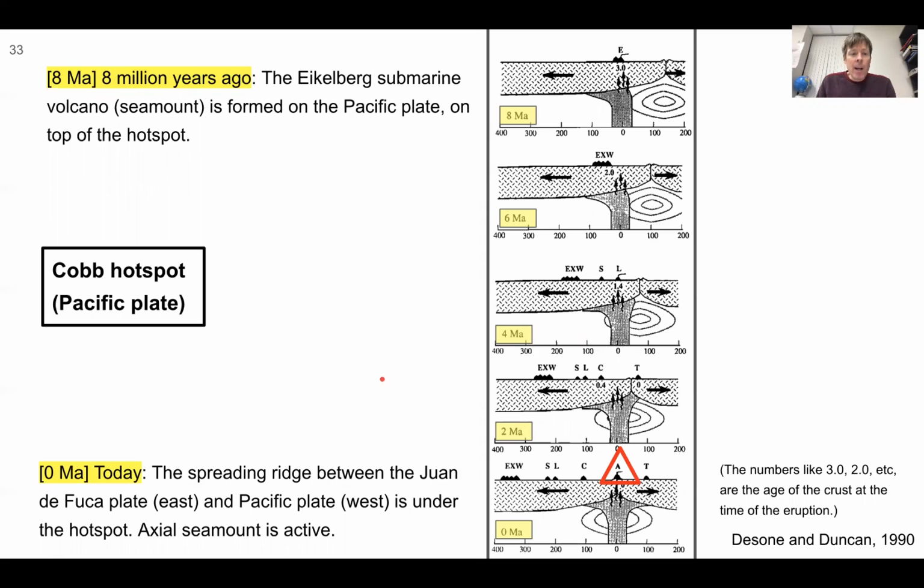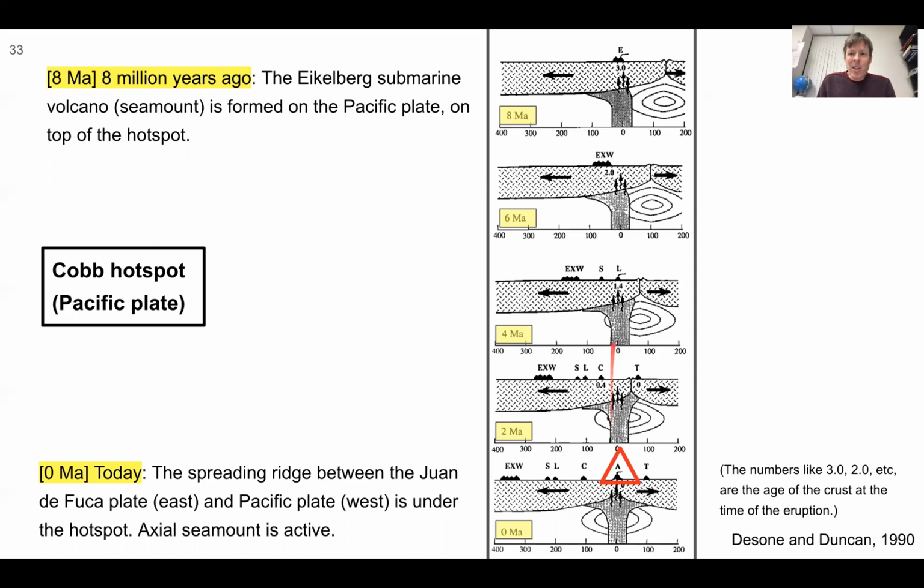So this is for the Cobb hotspot. Started out on the Pacific plate. The authors have shown an interpretation for it 8 million years, 6 million years, 4, 2, and present day. At the present day, you have this A for the axial seamount, where it's actually aligned with the spreading ridge.